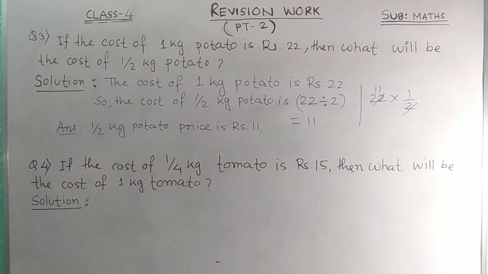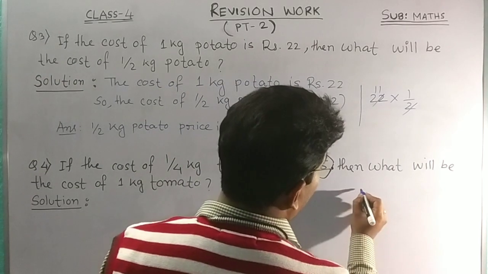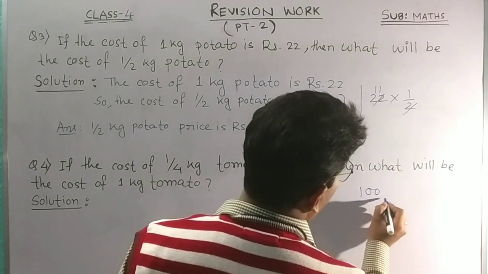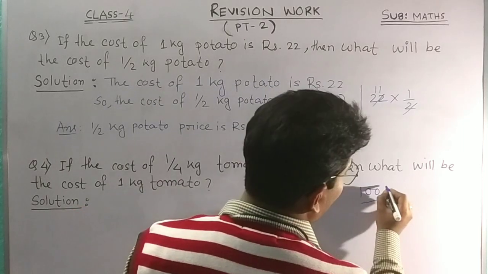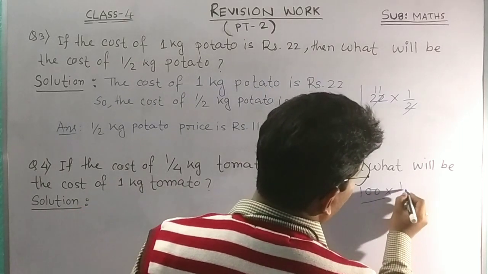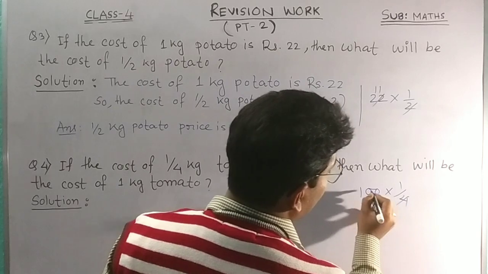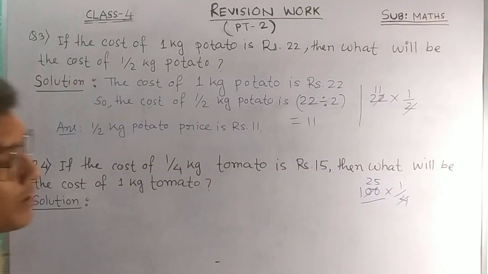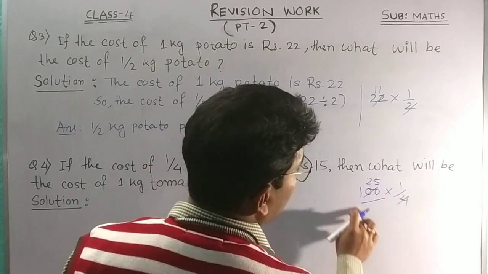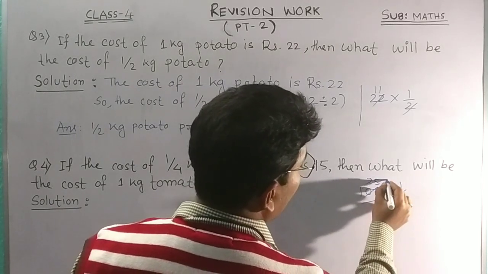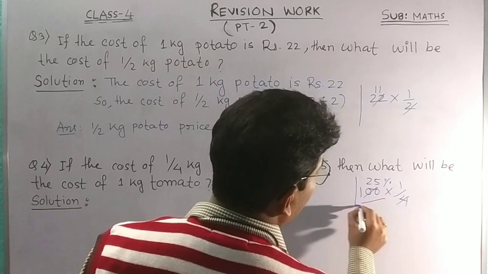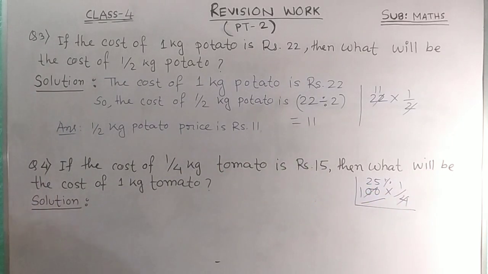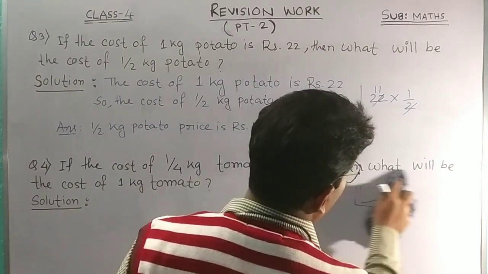So 1/4 means we know that if we have 100 rupees, 1/4 means we can cut like this, so it will become 25. Yes na? So 1/4 means this is the part of 25%. Okay, but this is not related to this one. I write it for your understanding.